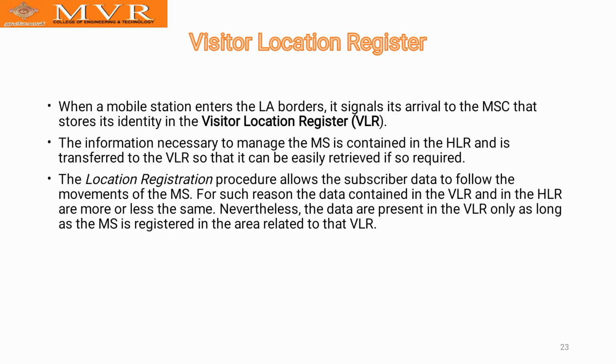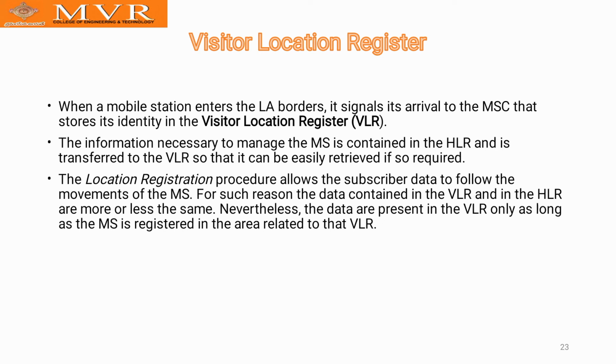See here, when a mobile station enters a location area, it signals and arrives at the mobile switching center, which stores the identity in the visitor location register. The information necessary to manage the mobile station is contained in the home location register, and it is transmitted to the VLR, the visitor location register, so that it can easily be retrieved if required.